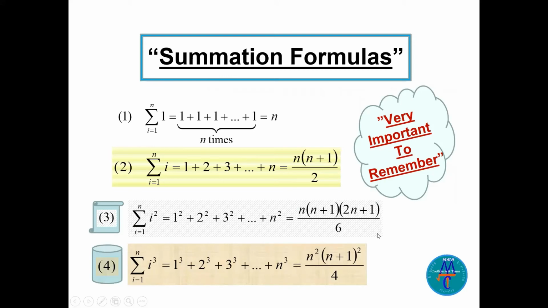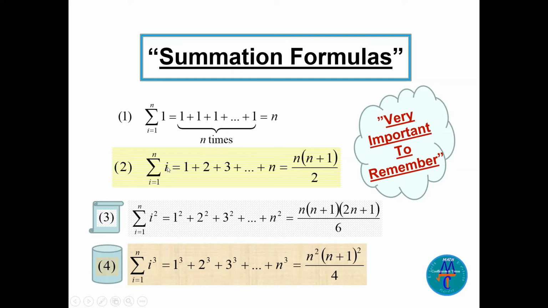Summation formulas, these formulas you can use everywhere in Calculus 1, in Calculus 2, and in many other courses. Just four simple, nice formulas you can remember always. Summation of 1, i equals 1 to n. So if you add 1 plus 1 plus 1 plus 1 plus 1 n times, let's say 7 times or 10 times, it will be n.